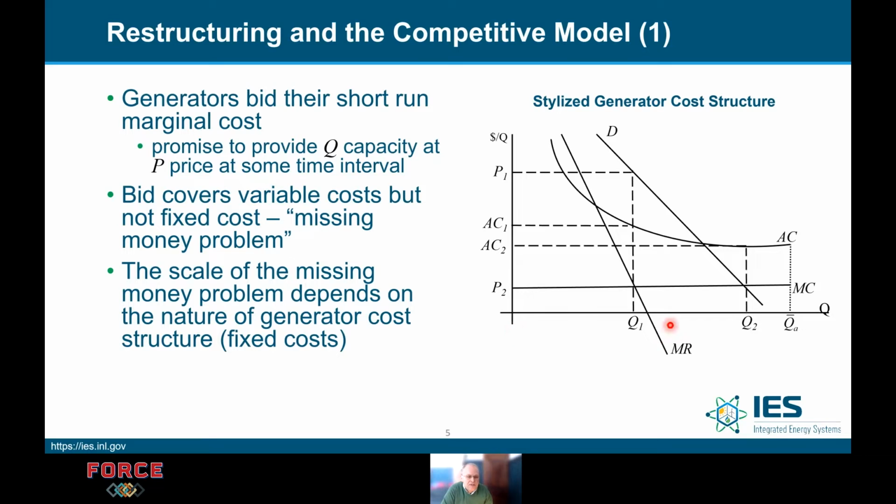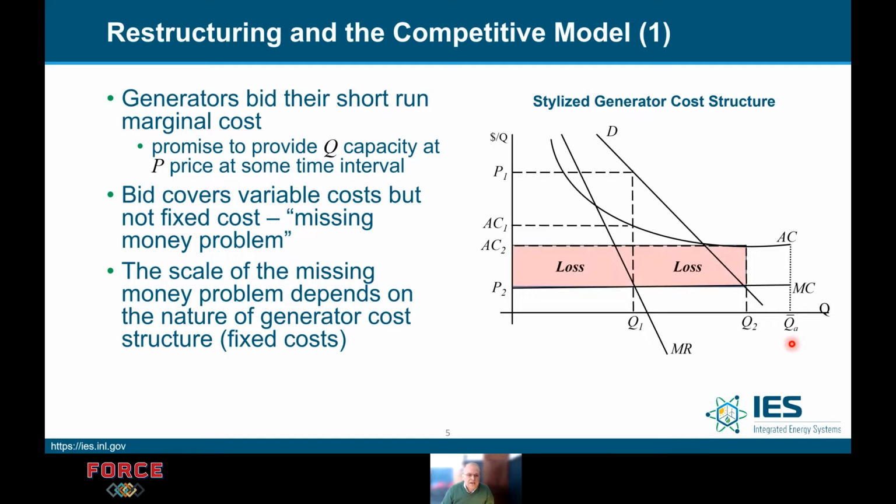Say, for example, a generator with a cost structure that looks like this: a generator that has large fixed costs, declining average costs, and constant marginal costs. They bid into the market their marginal cost of production as well as their capacity, how much capacity they can provide to the market. Those are the market rules under which they operate.